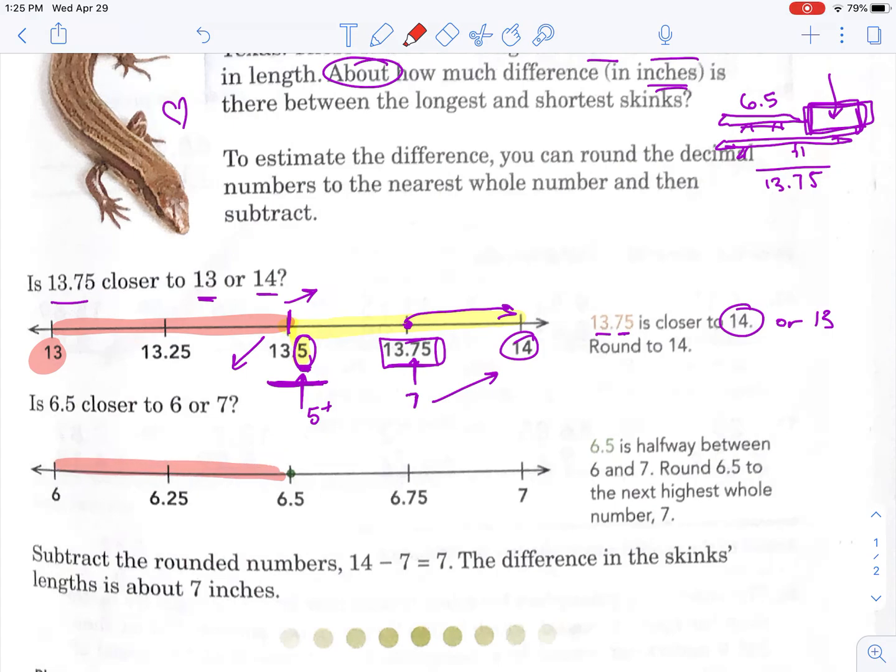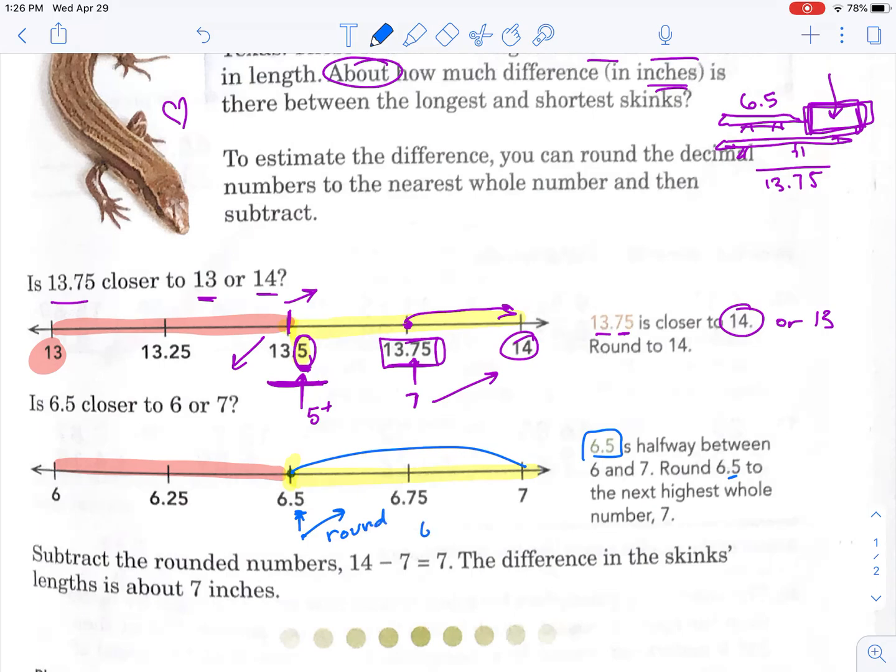Anything below that, you're going to round down. Anything 5, that includes this one, and up, round up. So what does it say? 6.5 is halfway, remember? 0.5, like 50 cents, is halfway to $1. 6.5 is halfway between 6 and 7. Round 6.5 to the nearest whole number, because it's 5 and up, round up.